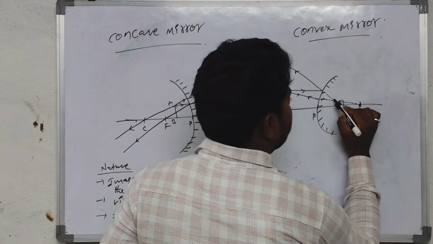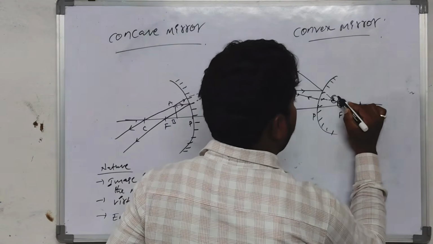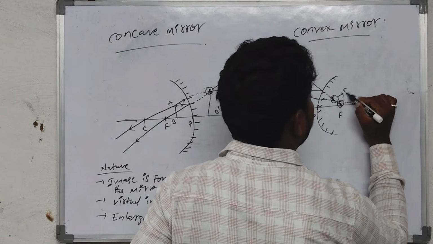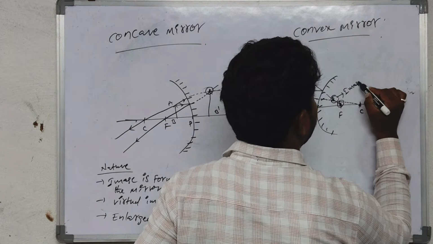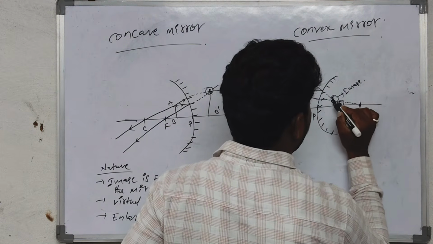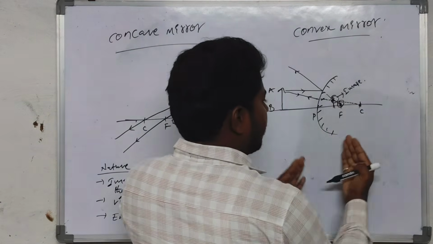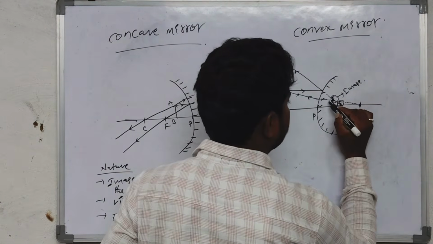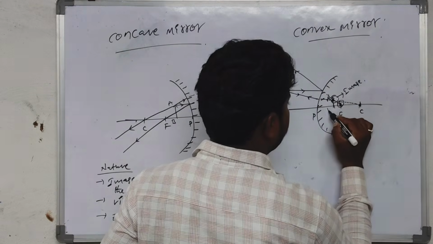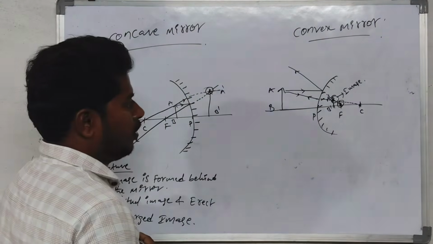Where the imaginary lines meet, that point denotes the image location. Image. You can observe your image is formed behind the mirror in between pole and the focus. A dash and B dash.